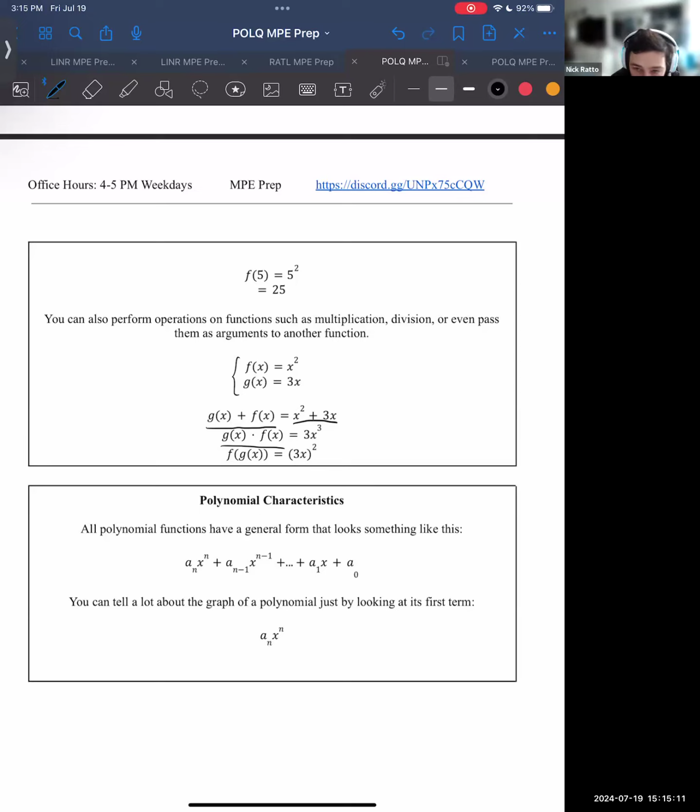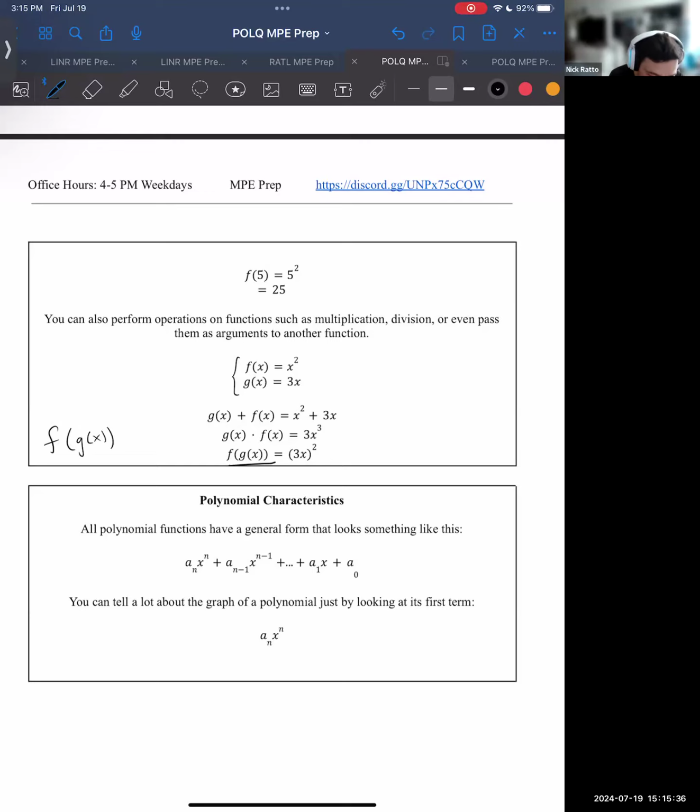And then finally, the last one is an operation that's specific to functions, which usually we say is called composing. And it happens when you plug in a function as an input to another function. In this case, this is written as f of g of x.